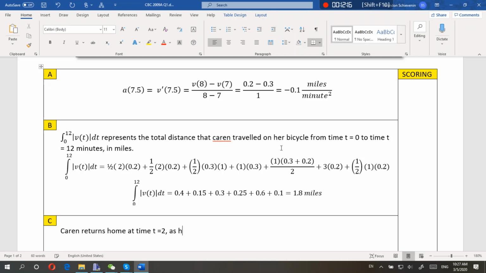Just having a velocity of 0 doesn't mean she turned around. So we need a little bit more information. Her velocity changes from positive to negative. There we go. And changes from positive to negative.